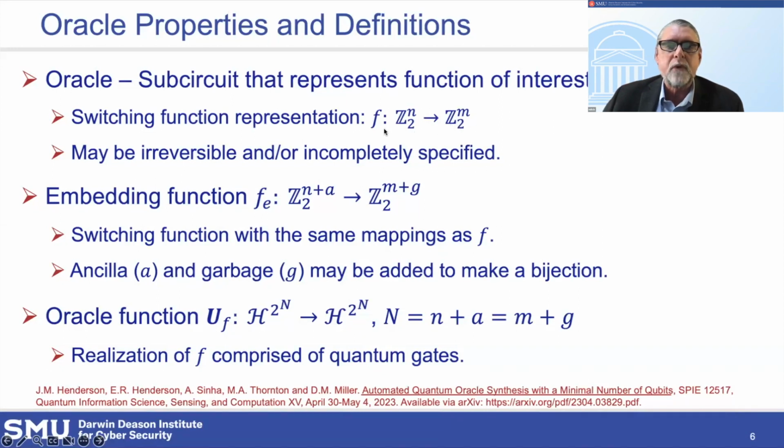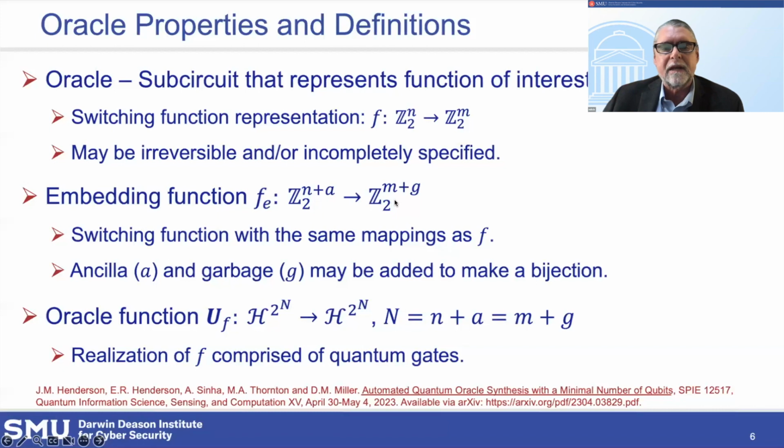So the first thing we do is create something called an embedding function, denoted as f sub e. And this isn't really new news. I'm sure you all have probably done this before, but that's accomplished by adding ancilla bits to the domain values and garbage bits to the range values.